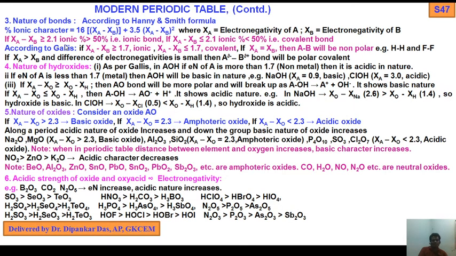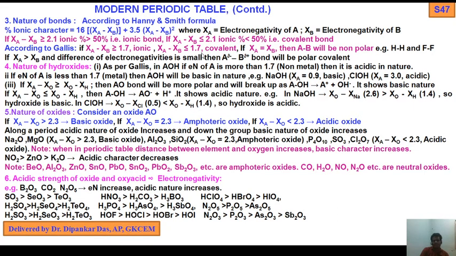Percentage of ionic character by using this formula: 16 into (chi A minus chi B) plus 3.5 (chi A minus chi B) whole square. If chi A minus chi B is greater than or equal to 2.1 and ionic percentage is greater than 50%, then it is an ionic bond.